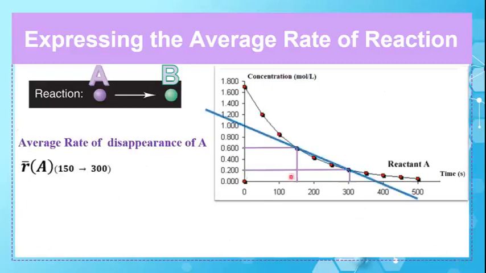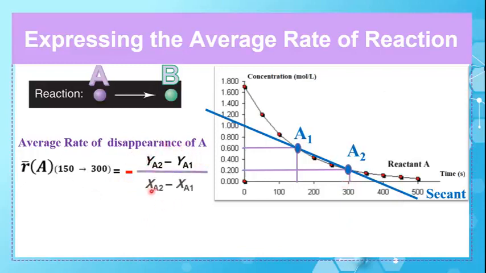Also, if we join these 2 points together by a straight line, we will get a secant that cuts the curve in 2 points, A1 and A2, and the average rate of disappearance of A will be equal to the negative slope of the secant, equal to the difference in the ordinate of these 2 points over the difference in their abscissas.